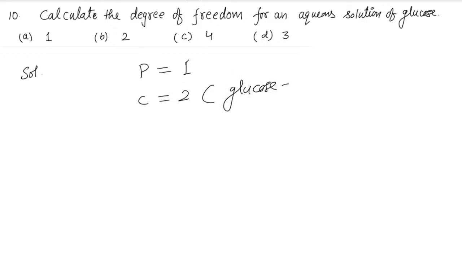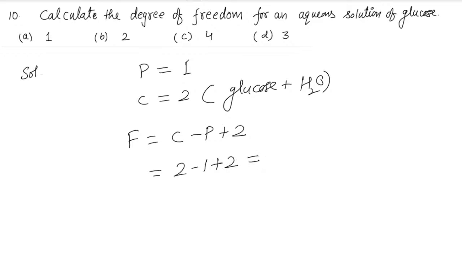No need to tell you because you have already done it. So degree of freedom is C minus P plus 2. Components 2, phase 1, plus 2. So degree of freedom is 3. Right?